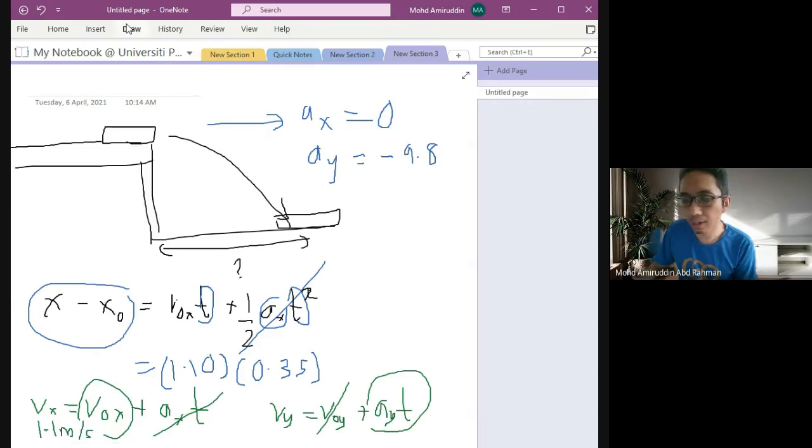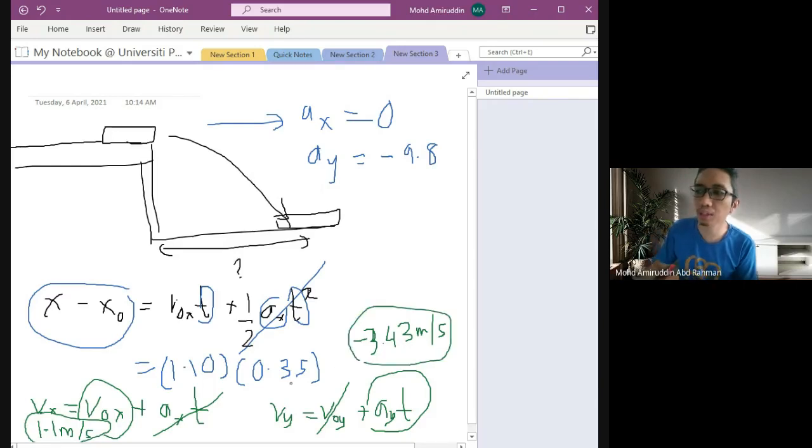And then Vy is minus 3.43 meter per second. Okay, so Vx is 1.1 meter per second and Vy is minus 3.43 meter per second.